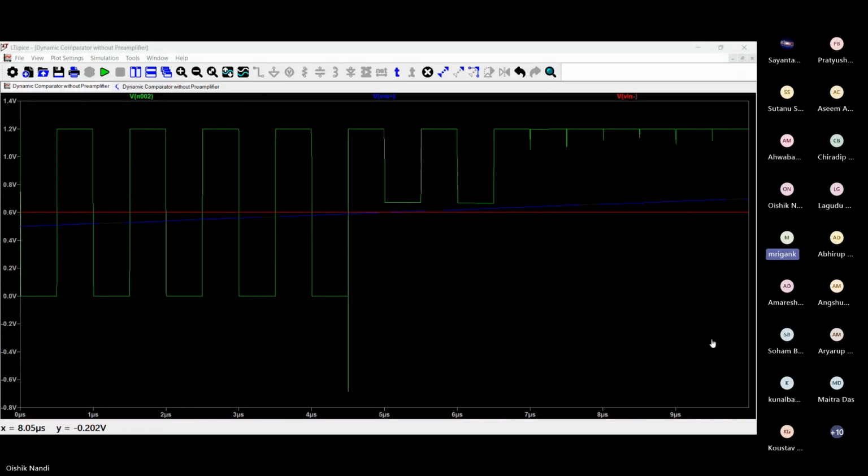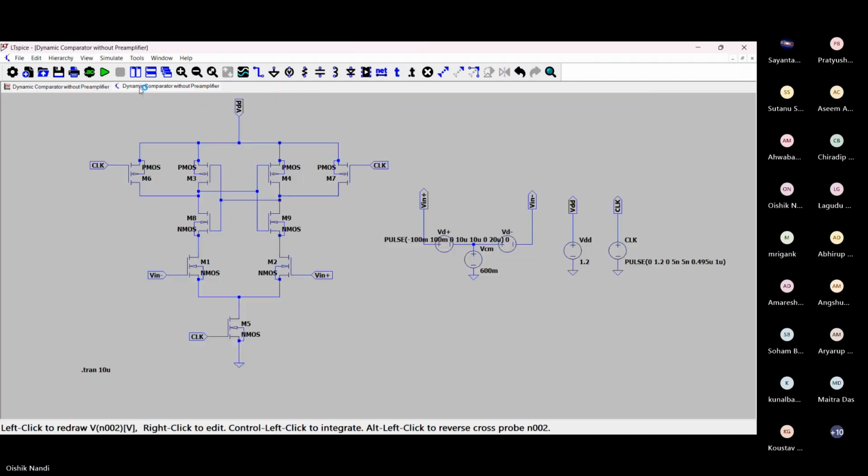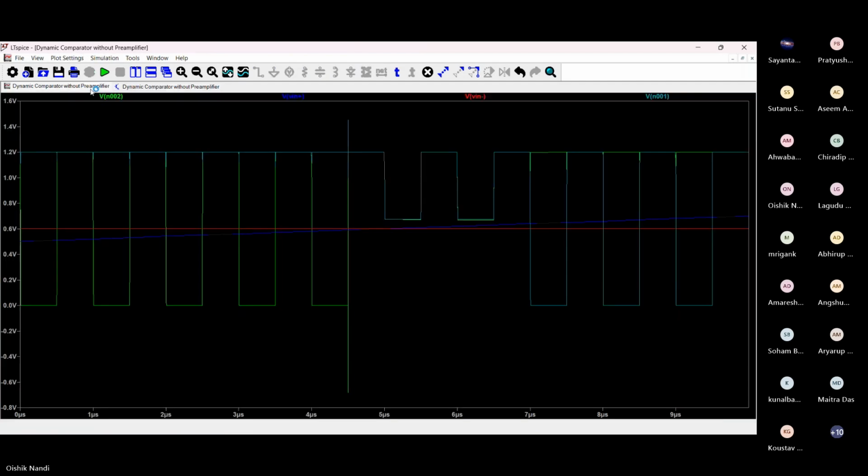If you plot the other output, you will see that it is also hung at the same point. Maybe you can just plot. Yes, sir. Both of them are at the same point. Yeah, so there is an unstable equilibrium.